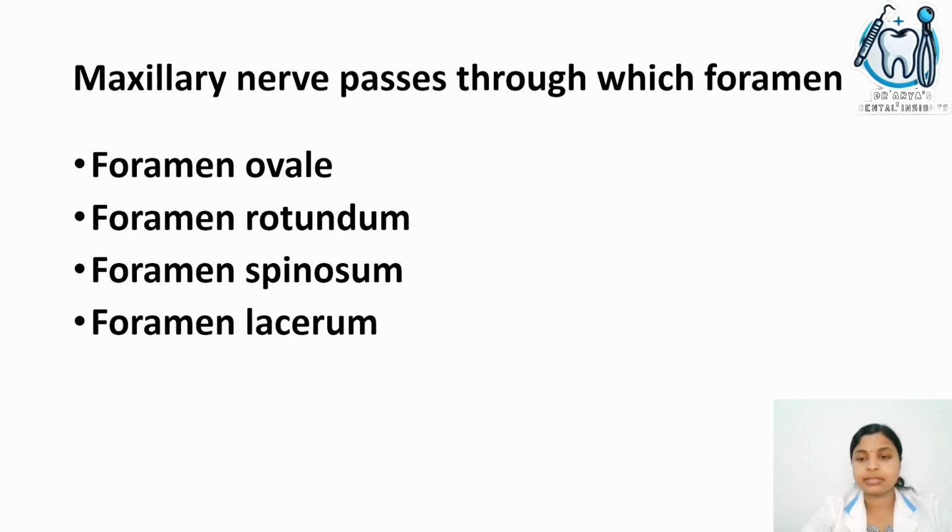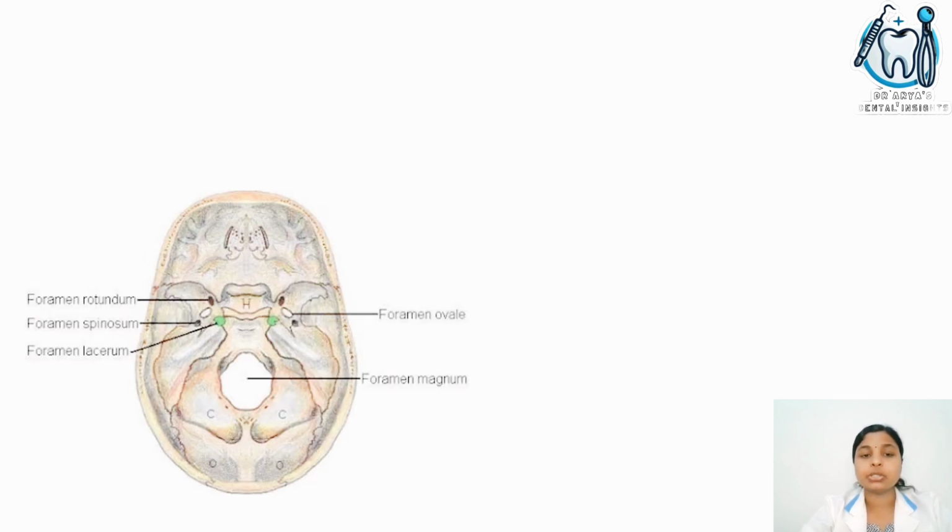Let's go to the discussion. These are the various important foramina. This is the foramen ovale, this is the foramen magnum, this is the foramen rotundum, this is the foramen spinosum, and this is the foramen lacerum.